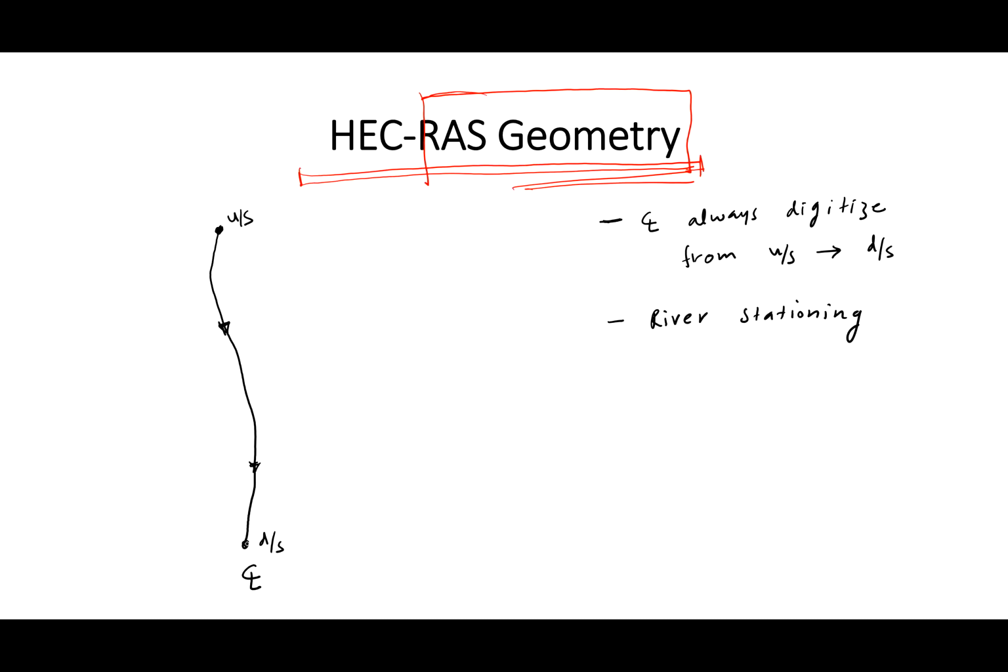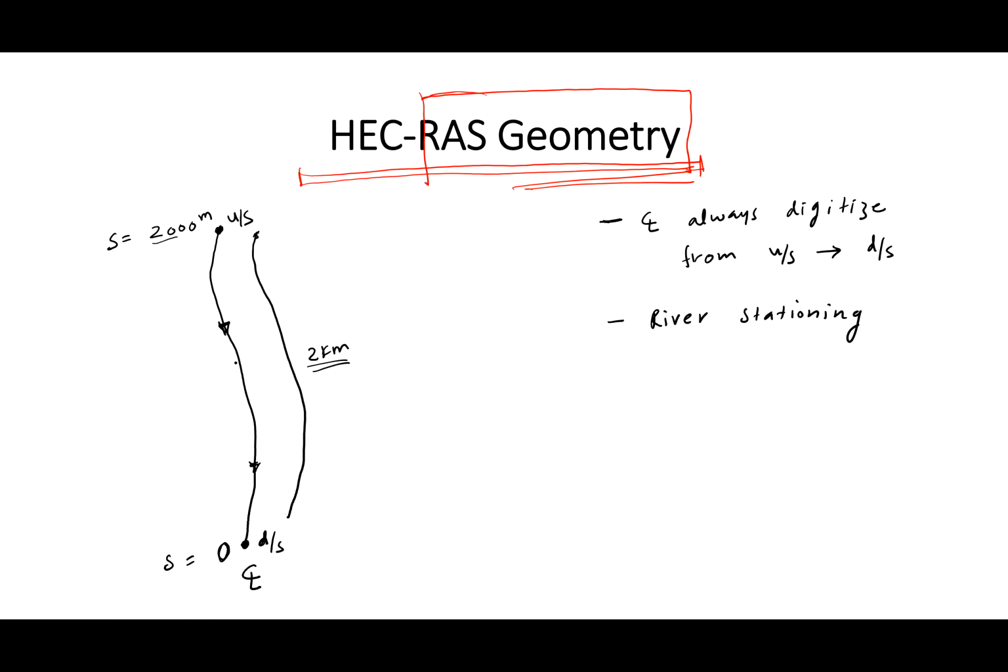Since our downstream part ends here, I'm going to mark this location as 0, and let's say the length of our river is, for example, 2 kilometers. So the stationing at this location is 2000 if we are in SI units, so 2000 meters. The station at this point is 0, and the station at this point is 2000.